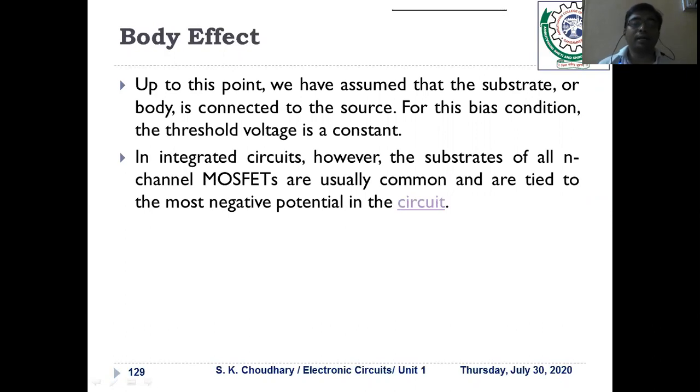But in ICs, or integrated circuits, where n number of MOSFETs are connected in a single chip, the substrates of all the n-channel MOSFETs are usually common and are tied to the most negative potential in the circuitry.